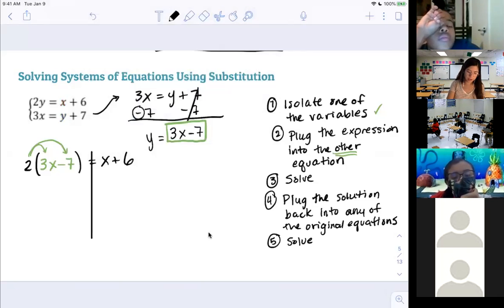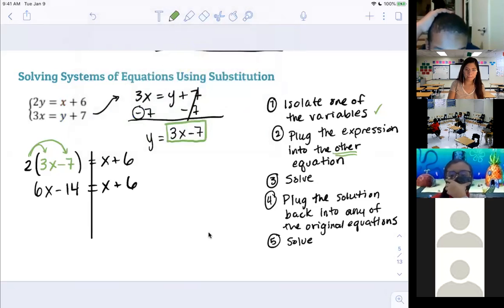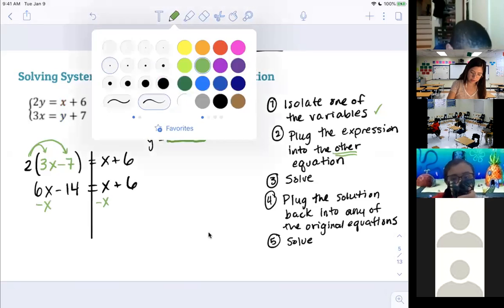All right, so here we go. I'm solving, I'm distributing. I got 6x minus 14 equals x plus 6. What do I do to both sides? First, I want to get my variables all to the same place. Subtract x from both sides.